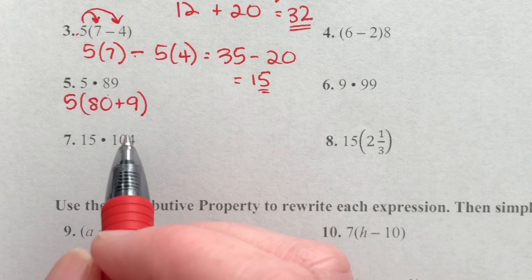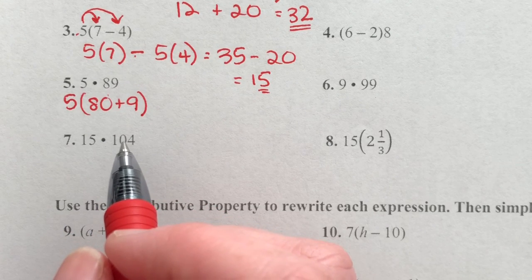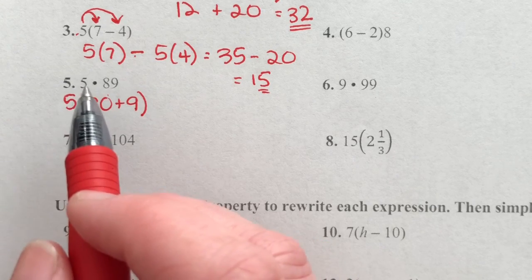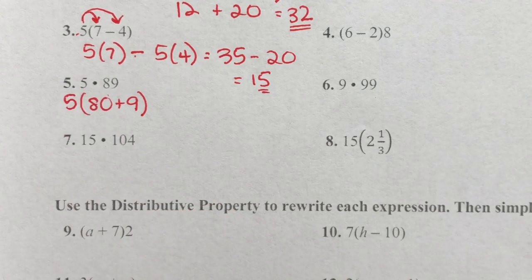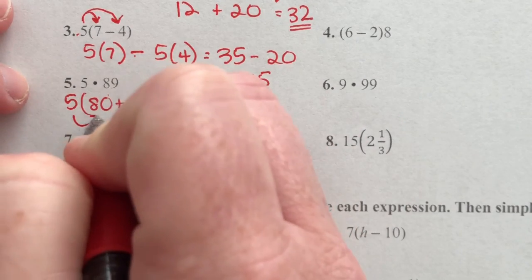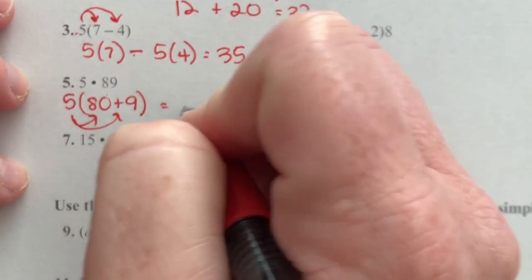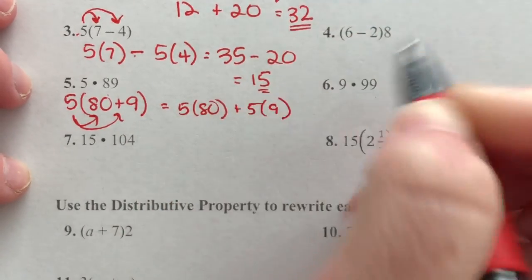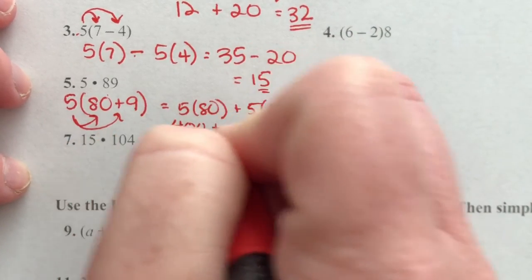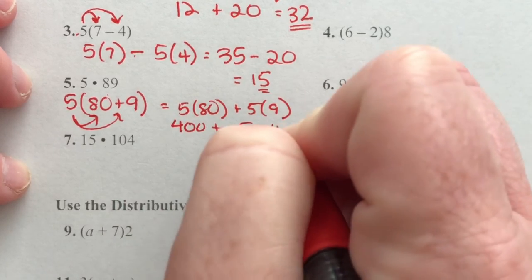And 5 times 9 is 45. And then in your head, you can add 400 plus 45 and get 445. That's a lot easier to do in your head than try and do this in your head, right? So now, like I said, we can multiply, and we'll get 5 times 80 plus 5 times 9, 400 plus 45, which is 445.